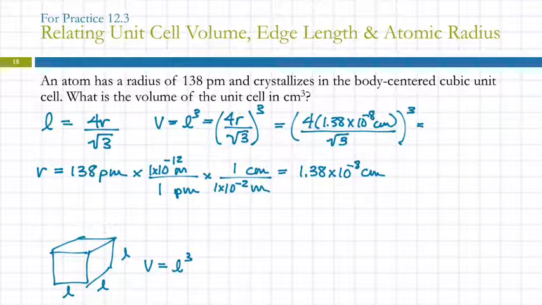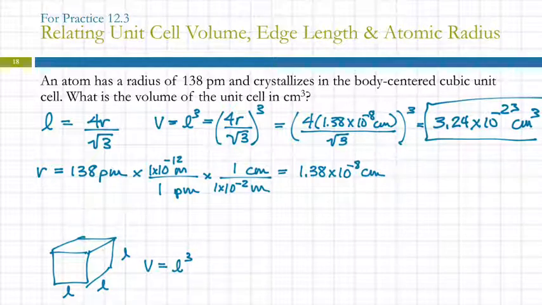I'm going to do 4 times 1.38 EE minus 8, and I'm going to divide by the square root of 3, find out what that is, 3.187 times 10 to the minus 8, and then I'm going to raise that to the third power, and I'm going to get 3.24 times 10 to the minus 23rd cubic centimeters.